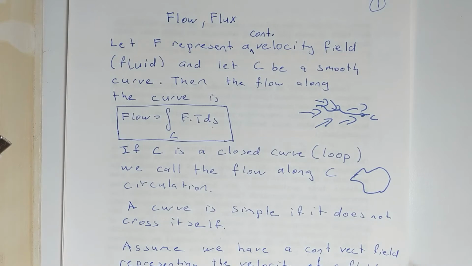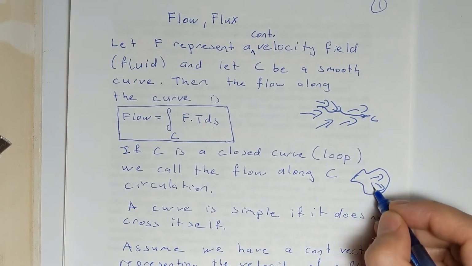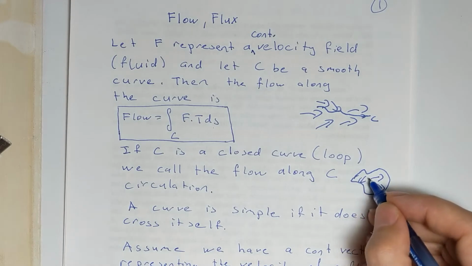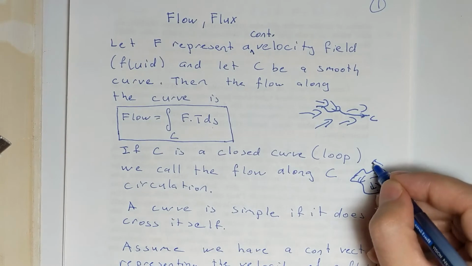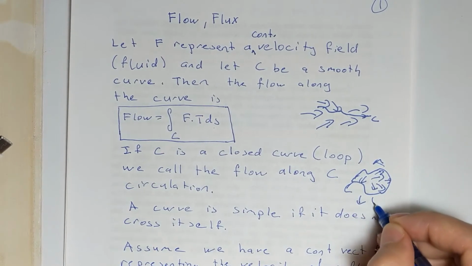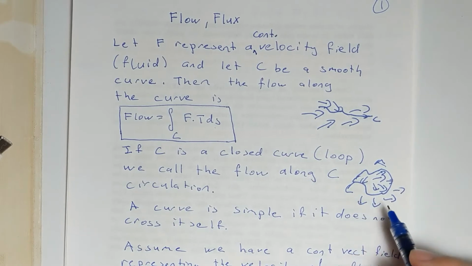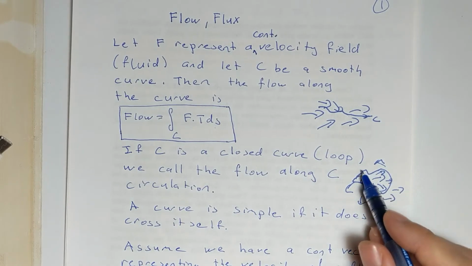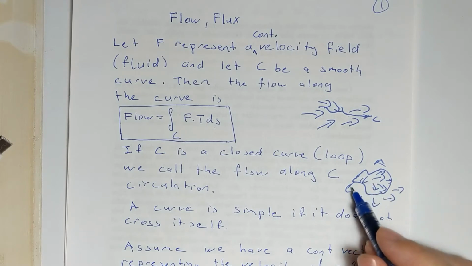The other question we can ask is, there's the flow along the curve, but what about the flow across the curve? How much water crosses this borderline?